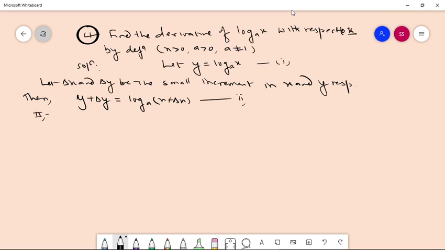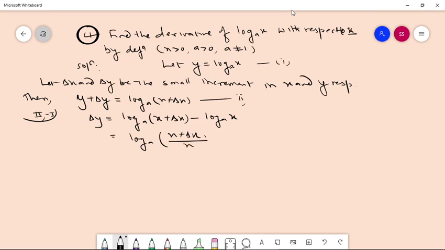Second equation minus first: del y equals log base a of x plus del x minus log base a x, which with the same base equals log base a of (x plus del x) by x, equals log base a of 1 plus del x by x.